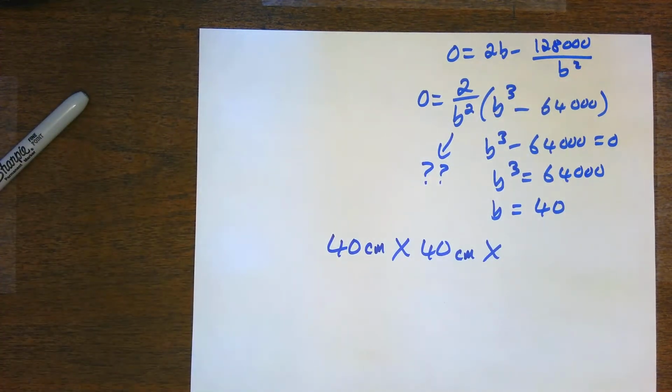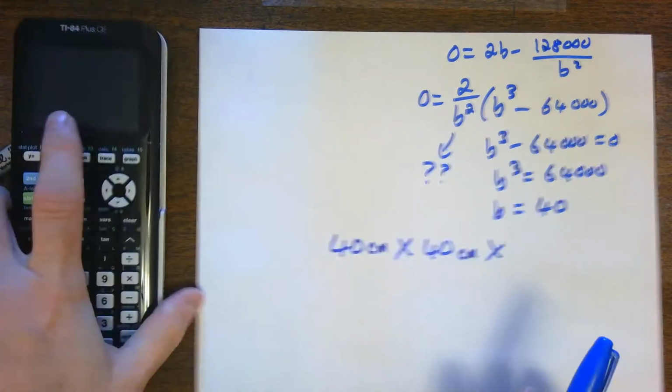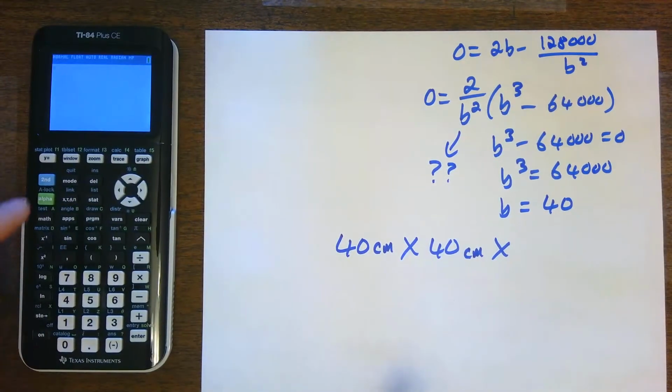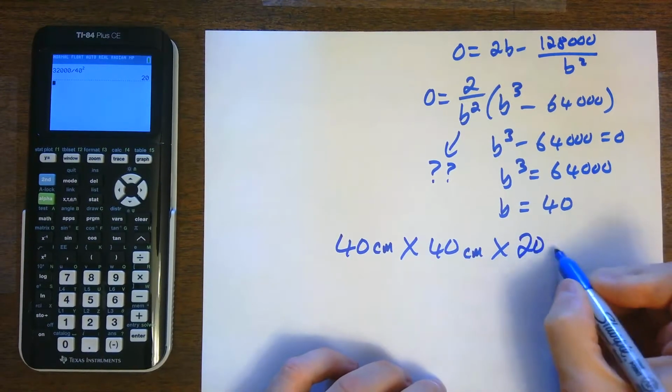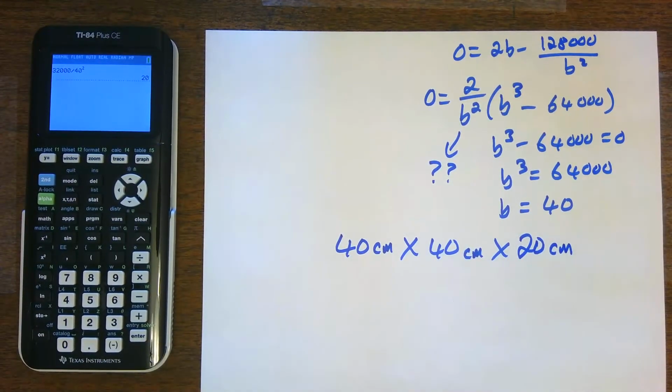The height is 32,000 divided by b squared. 32,000 divided by 40 squared gives 20 centimeters in height. Now, what is the surface area? I don't know, but according to the derivative set equal to 0, these dimensions will give me the smallest surface area. And of course, if I multiply all these together, I will get the volume of 32,000 that I want.